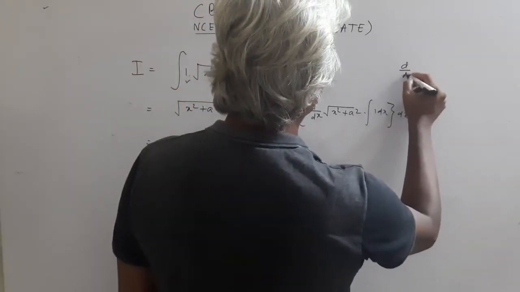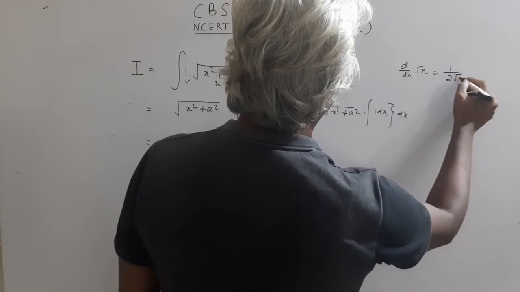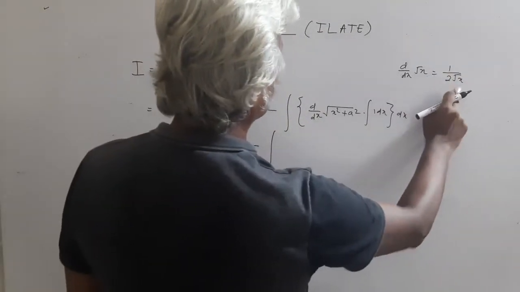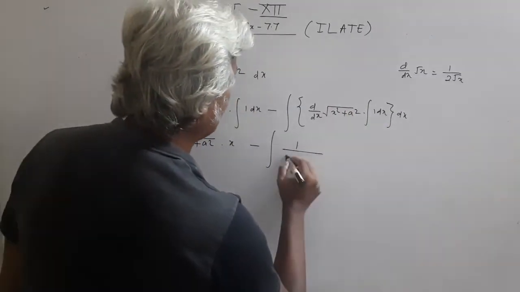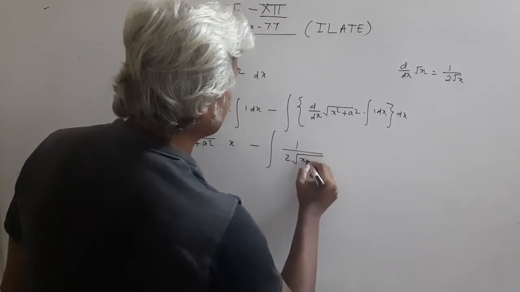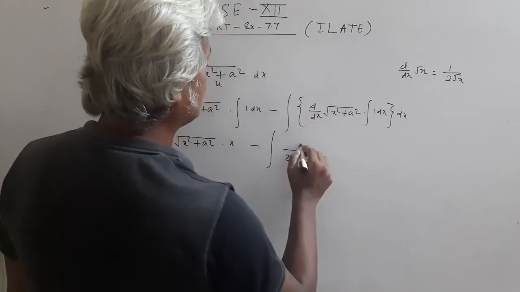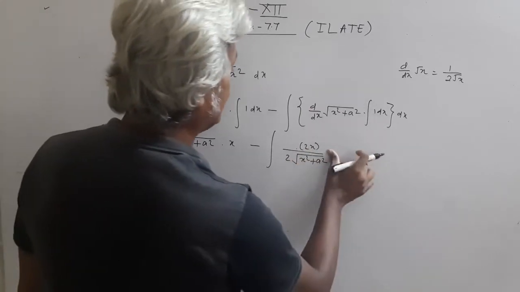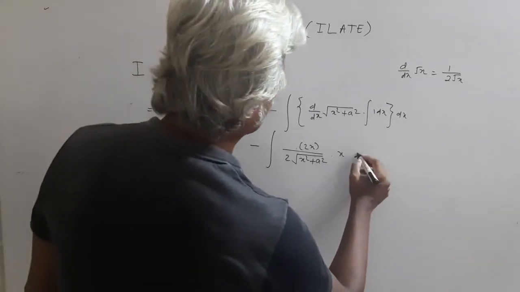You know that d by dx of root x gives you 1 by 2 root x. Now d by dx of root something will give you 1 by 2 root something into the differentiation of that something. So it becomes 1 over 2 root of x square plus a square, into the differentiation of this something on the top, which will become just 2x. And this part is as usual x only and dx.